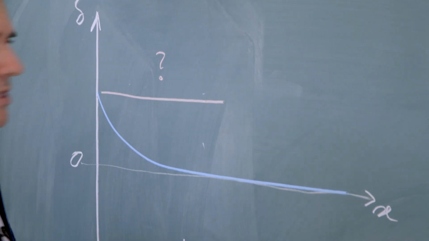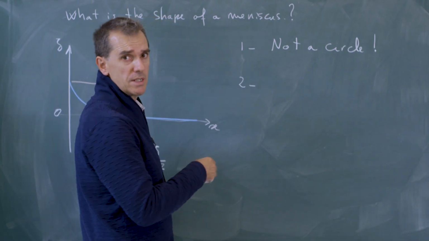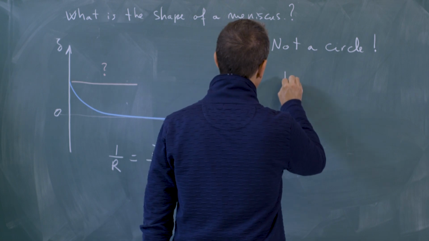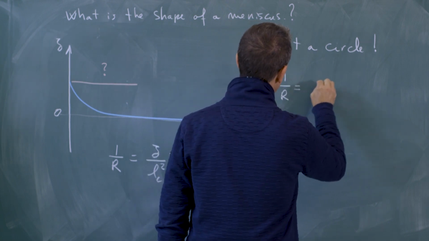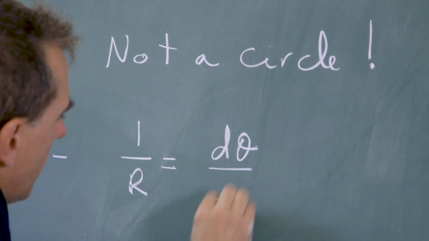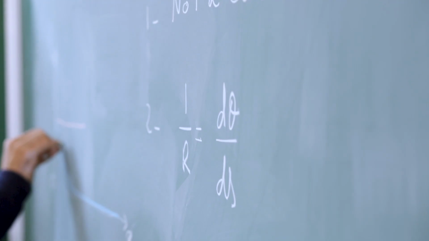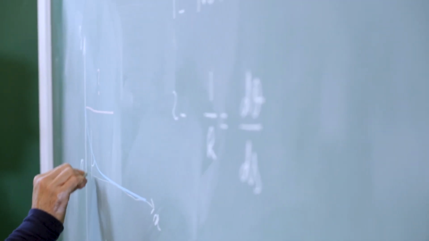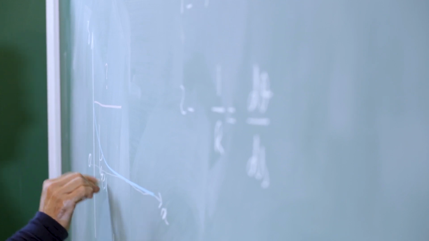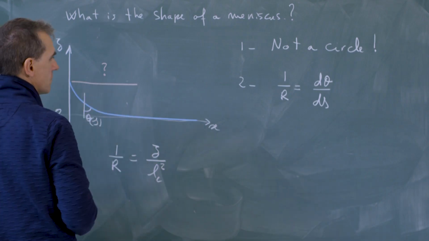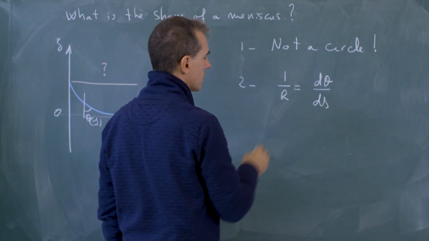To answer this question, what we are going to use is an expression of the curvature. So 1 over r is defined as the variation of the local angle with respect to the curvilinear location. So this is theta, and s is the distance as we move along the interface. This is the definition of the curvature.